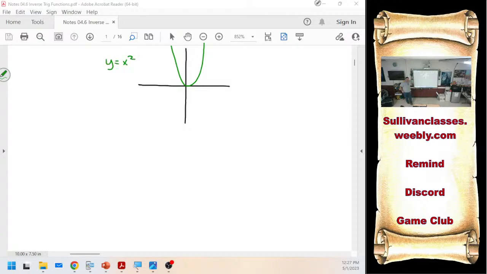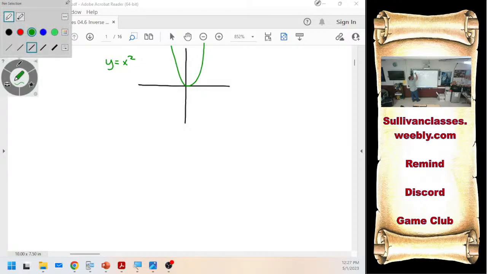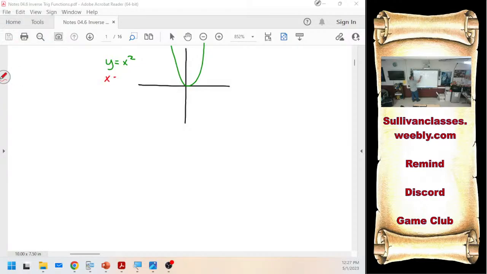Is this a function? How do you know? It has value. Specifically, what kind of test? Vertical. The vertical line test. Okay. Its inverse, if you remember, is when I swap x and y, solve for y, and get this.